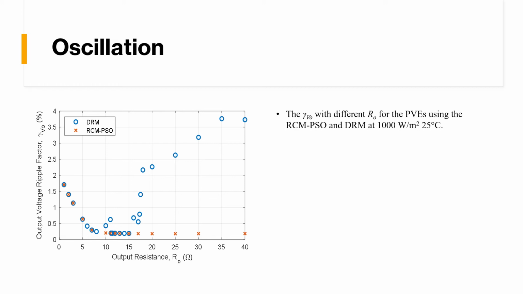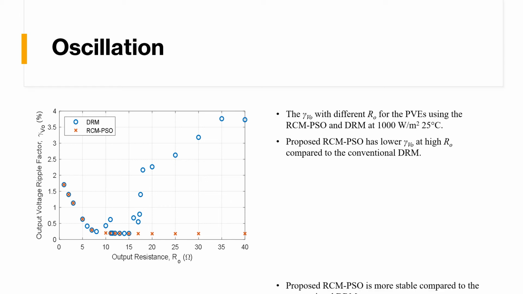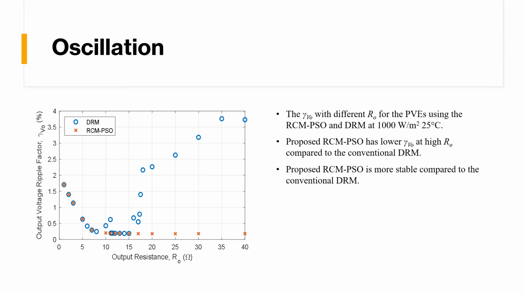But you can see here, the DRM is more than that when the output resistance is high. So the proposed RCM-PSO has a lower ripple factor at high Rout compared to the conventional DRM. This means that the proposed method is much more stable when compared to the conventional method.